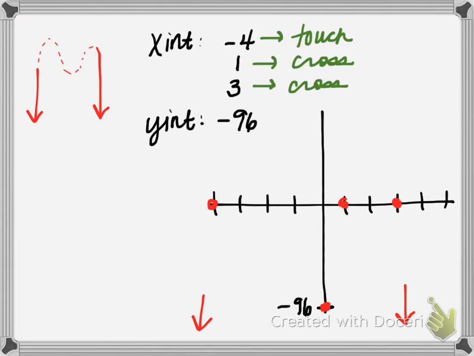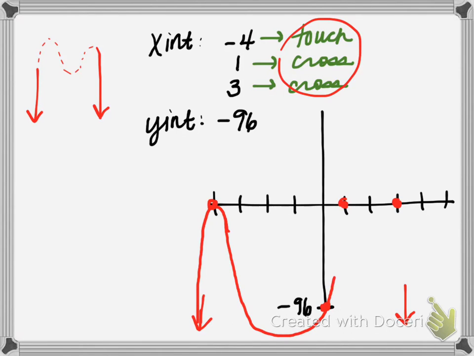And now we want to put the puzzle together based on our x-intercepts up here and whether or not we're touching or crossing. We said at -4 the graph was going to touch, so we would come from below, come up, and just touch the x-axis, bouncing off of it. Then we also have to hit my y-intercept here of -96.